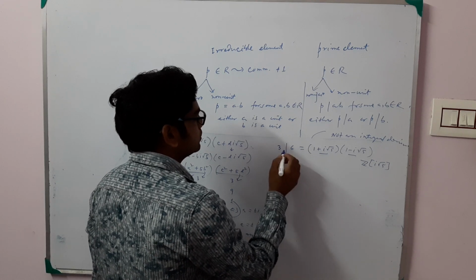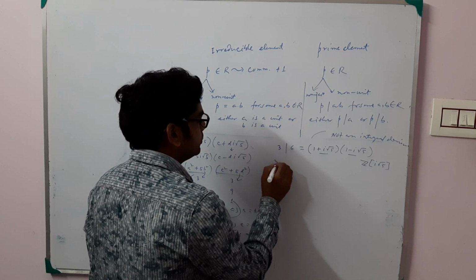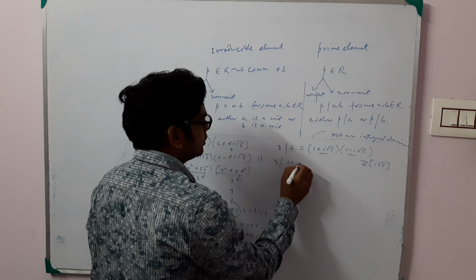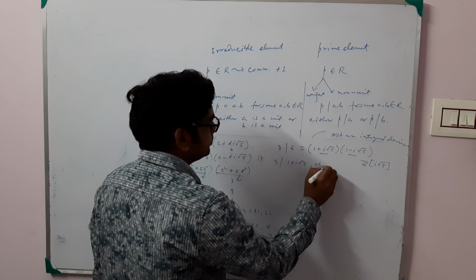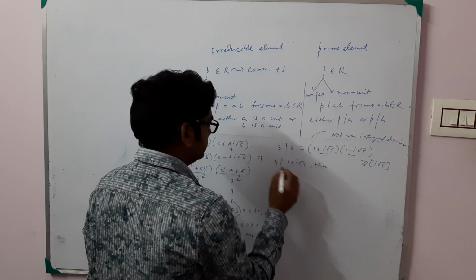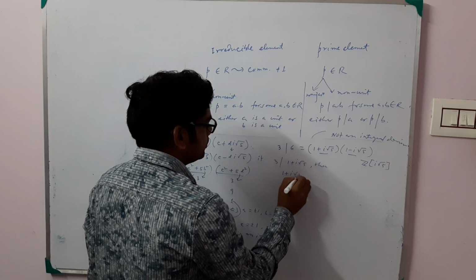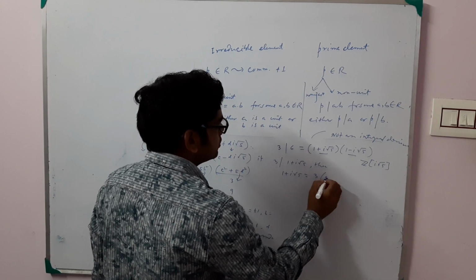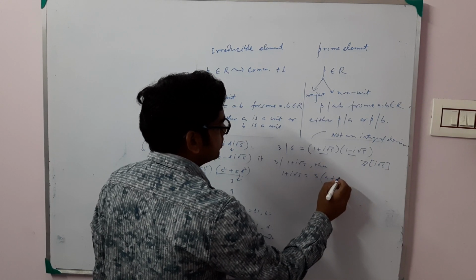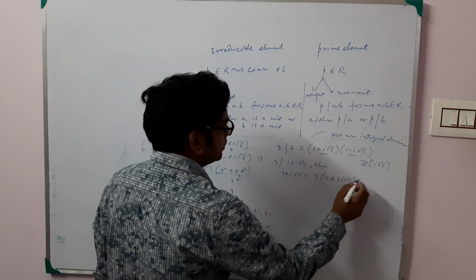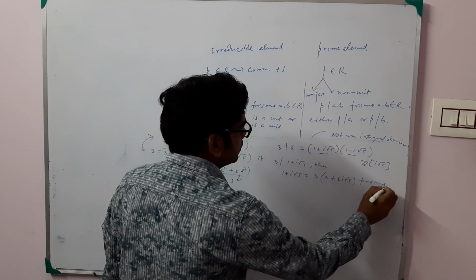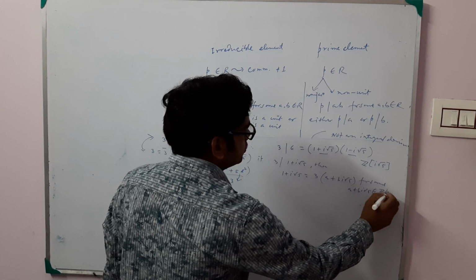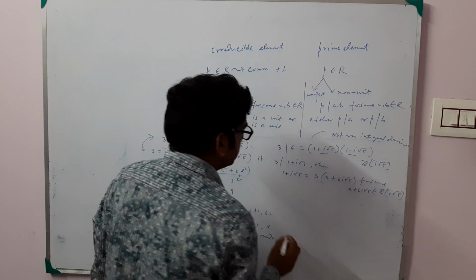Now suppose that 3 divides, if 3 divides 1 plus i root 5, then 1 plus i root 5 can be written as 3 times some element of this ring. So we suppose that element is a plus bi root 5, for some a plus bi root 5 in Z i root 5.